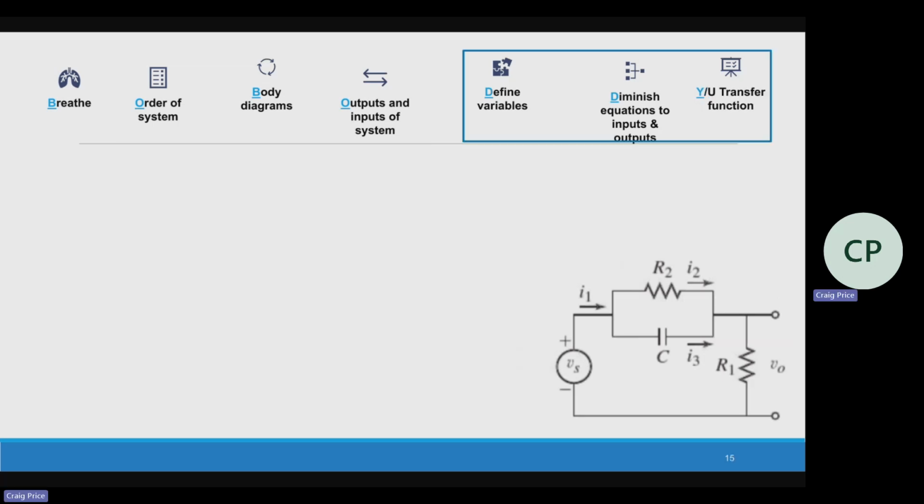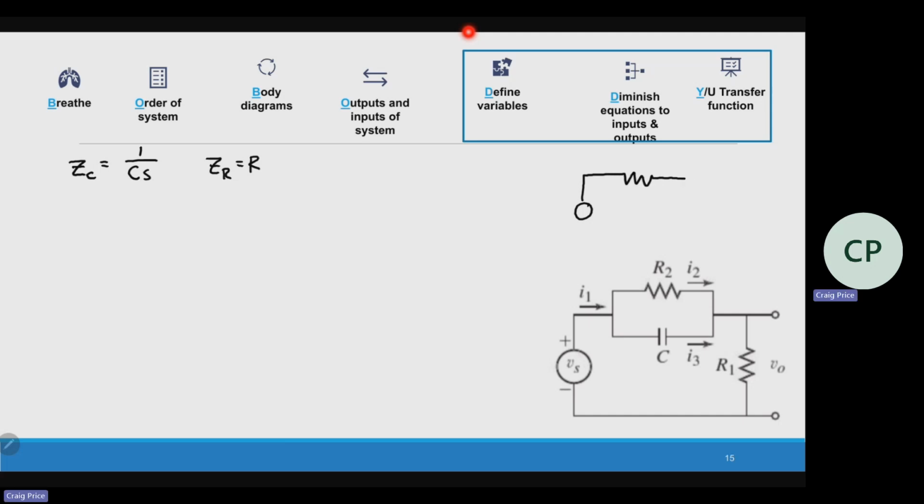All right, so first off, I have a capacitor. Capacitor impedance is 1 over CS. Resistor is just R. And so again, let me just draw this real fast.